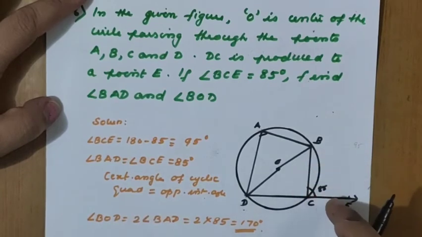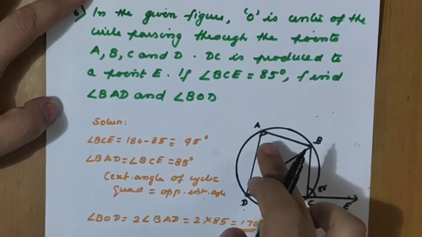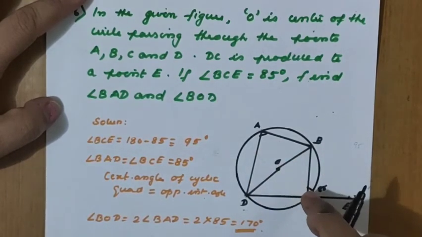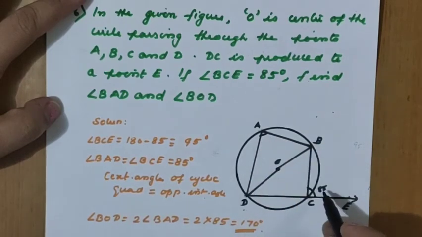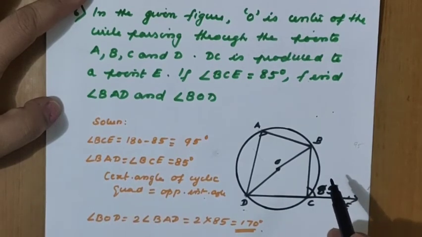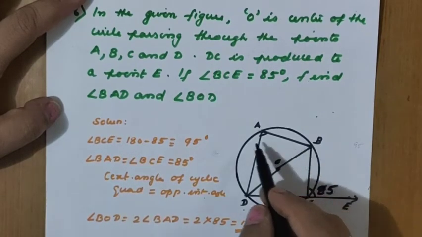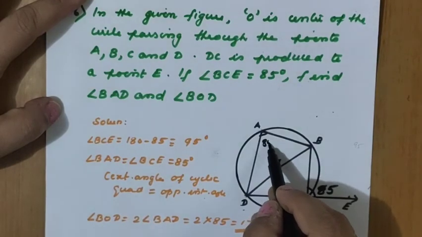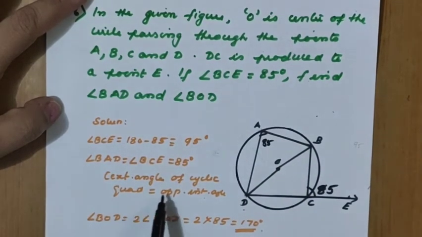Exterior angle of the cyclic quadrilateral is equal to the opposite interior angle. So if it is 85, angle BAD is also equal to 85. What is the rule? Exterior angle of a cyclic quadrilateral is equal to opposite interior angle.